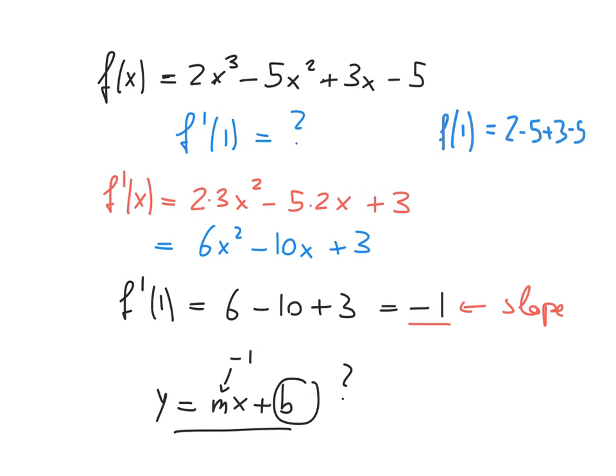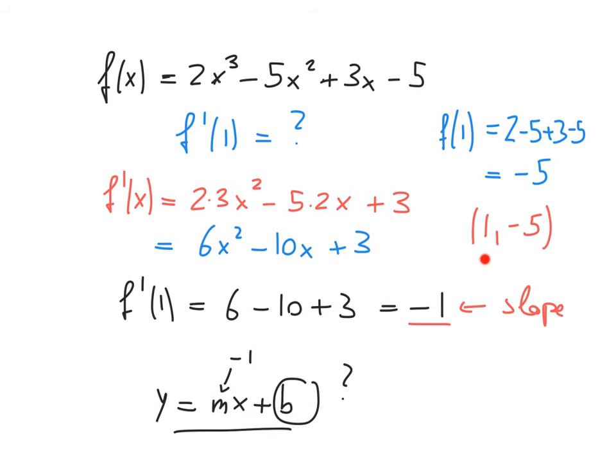Right, and so that would be minus 5. So we know the point 1 comma minus 5 is on the line, right?